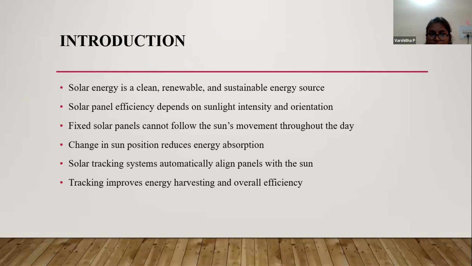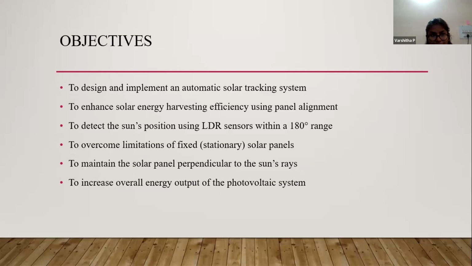But fixed solar panels cannot follow the sun's movement throughout the day, so a change in the sun's position reduces the energy absorption. So what we introduced is a solar tracking system that automatically aligns the panels with the sunlight. Tracking improves the energy harvesting and the overall efficiency.